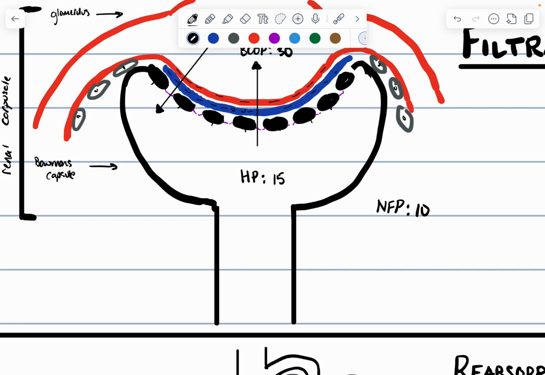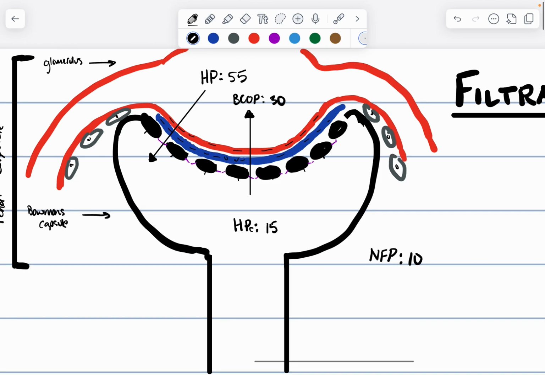So we have hydrostatic pressure. Oh, this is the capsule. That's what it is. Hydrostatic pressure of the capsule, and then our net filtration pressure. So add all those up and the way that they're going. Let's go the other way.